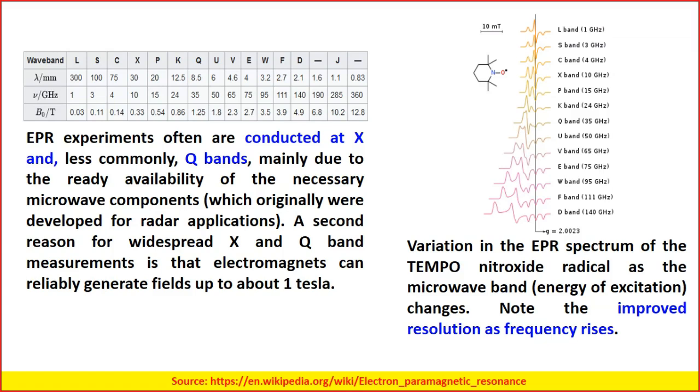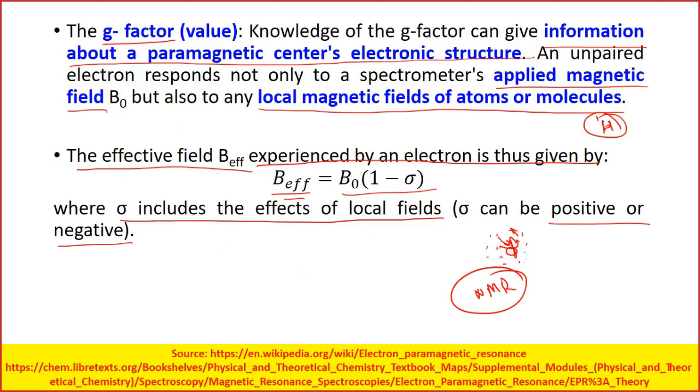Sir, I was asking in which case that sigma will be positive and in which it will be negative. It depends on the molecular arrangement. In what way the protons are generating, whether it is increasing the total magnetic field, or you can say the effective field, or it is reducing.